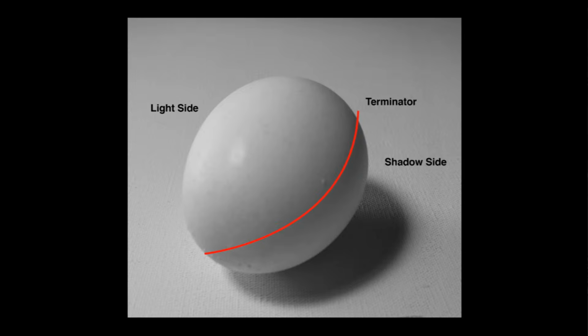Right in between the light side and the shadow side, we have what is called a terminator. Not the movie, not Arnold Schwarzenegger, though it can help to remember it like that. That separation between the light side and the shadow side is referred to as the terminator line, okay?